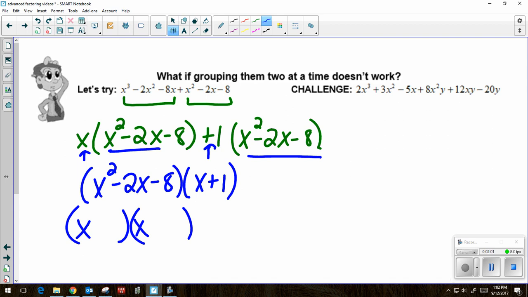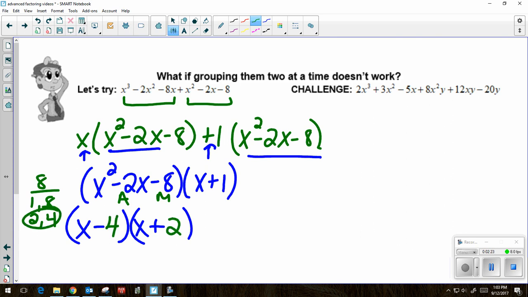I'm going to use my sign trick. My first sign is a negative, so I'm going to bring that down. And then a negative times a negative gives me a positive. I'm looking for the factors of 8. So if you need to, write them out. And I want them to somehow combine to give me 2. Bigger number always comes first, so it's going to be 4 and 2.